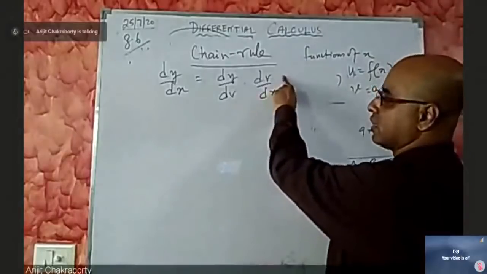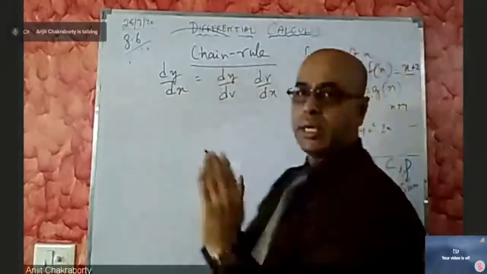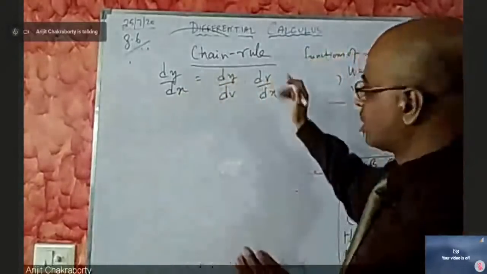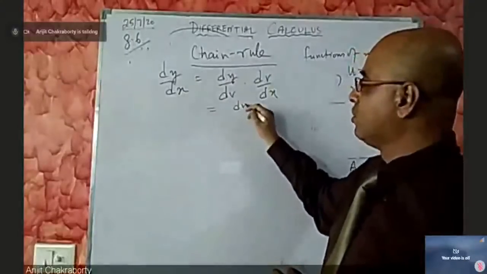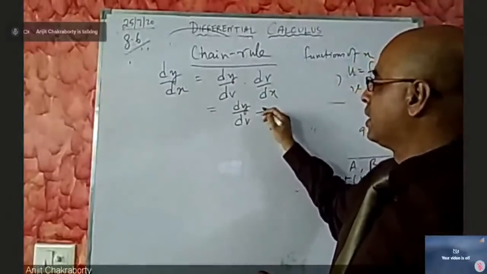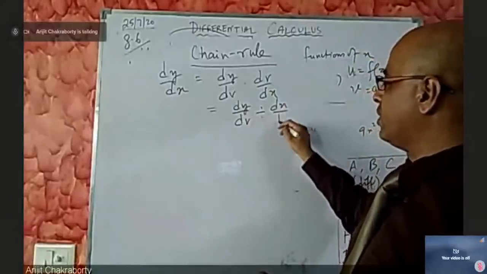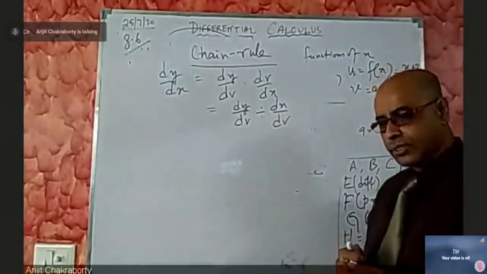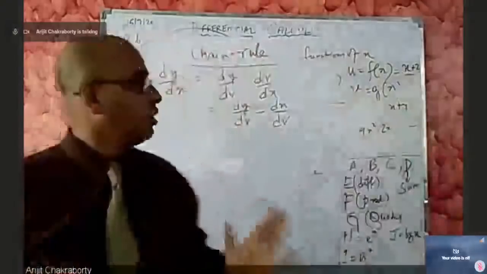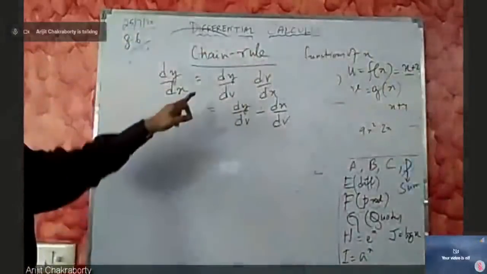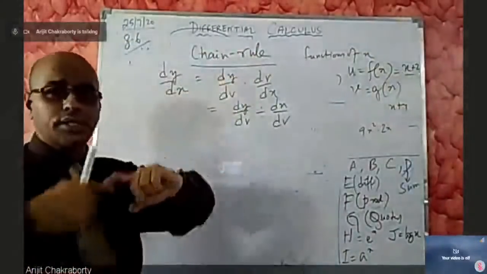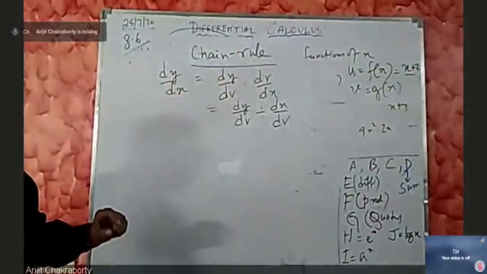So dv cancels out. I am writing dy by dx as a product of two functions, splitting it into two. So this is nothing but dy by dv divided by dx by dv. So this is called the chain rule, and you can see why it is a chain, because it's like a chain forming, right?